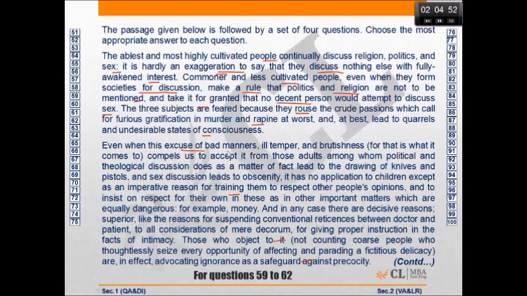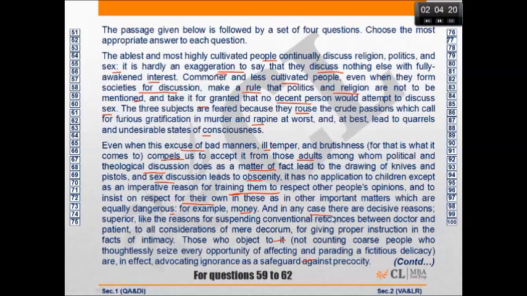Even when this excuse of bad manners, ill temper, and brutishness for what it comes to compels us to accept it from those adults amongst whom political and theological discussion does not as a matter of fact lead to the drawing of knives and pistols, and sex discussion leads to obscenity. It has no application to children except as an imperative reason for training them to respect other people's opinion and to insist on respect for their own. In these, as in other important matters which are equally dangerous, for example, money.